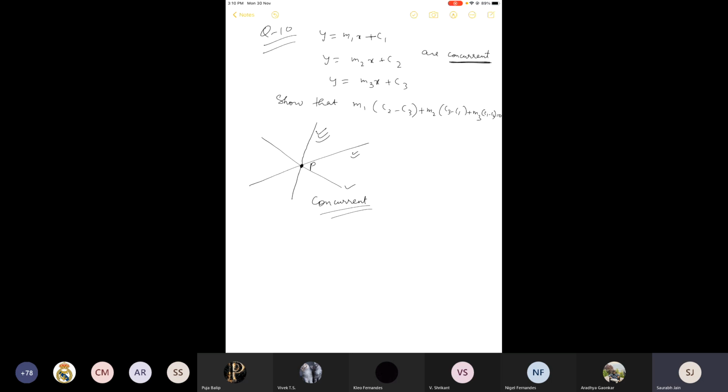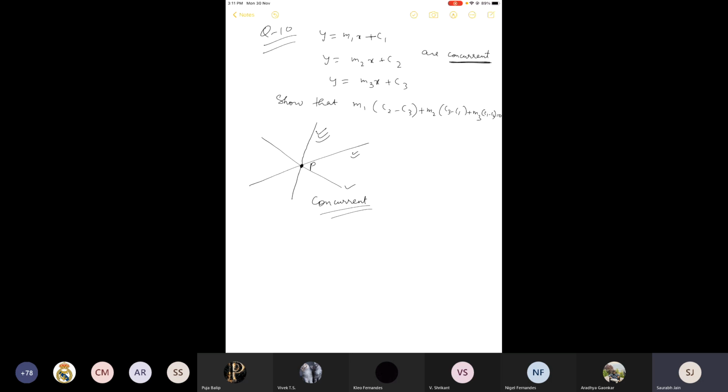After solving those two equations, the values of x and y that we are getting, we will put in the remaining third equation. Why? Because that point will also satisfy the third equation as well. This is the meaning of concurrent lines. Three of them having the same point, or passing through the same point P, or all of them having the same point of intersection. You can say it in any way.